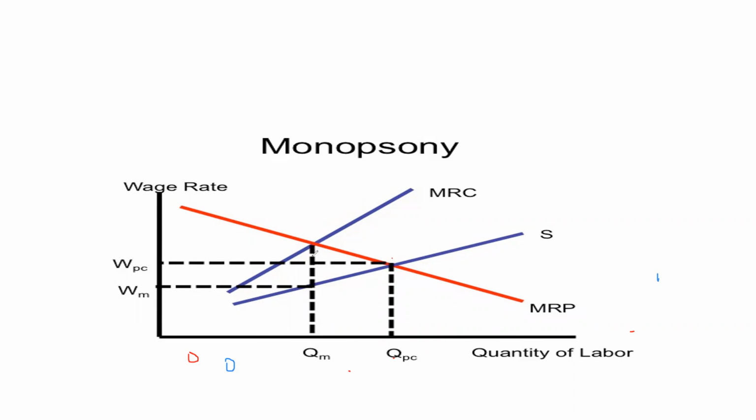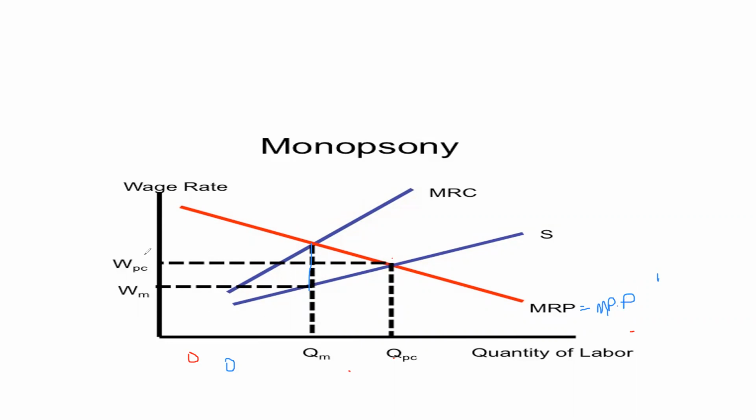I take it down to supply. Why? Because it's a monopoly in the labor market. I don't have to pay the big price. So I go to WM for the wage, QM for the quantity. All right. Just know that MRP is MP times P. That's how you could calculate it. Sometimes they ask you to figure out the MRP for like the second worker or something like that when they give you a chart.